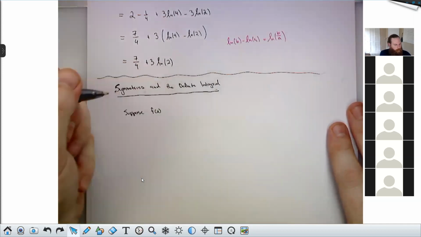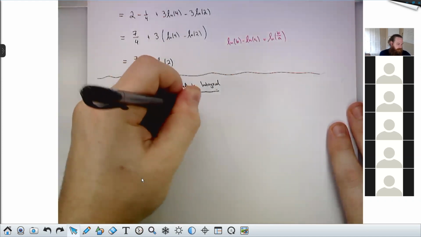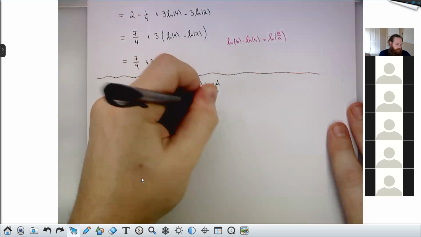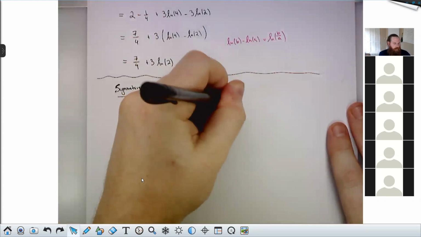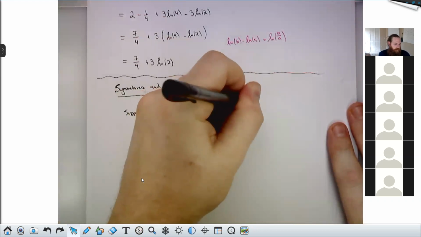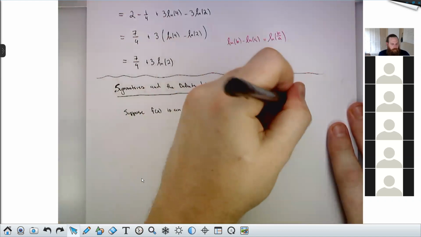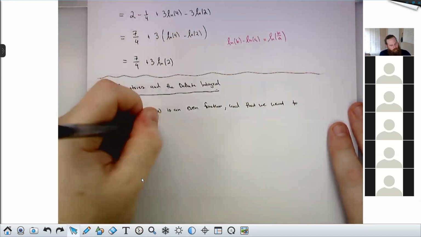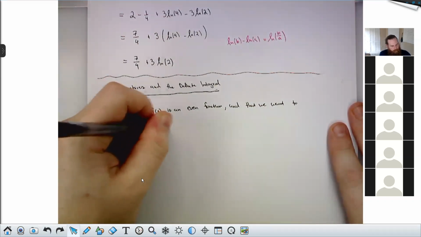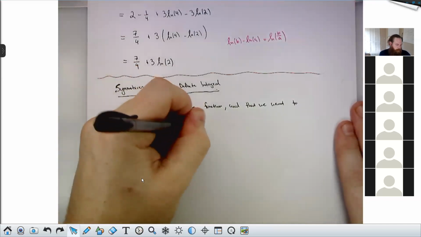Suppose f of x is an even function, and that we want to compute the integral from negative a to a of f of x dx, where a is some number.